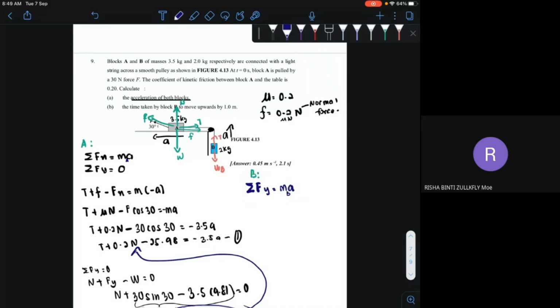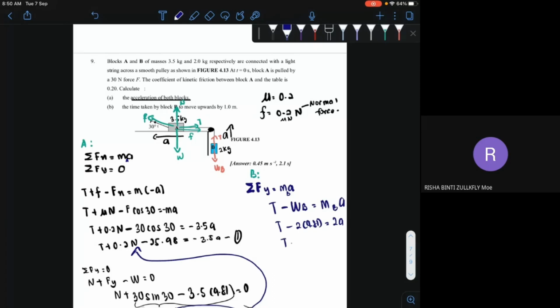Along Y component, dua sahaja forces, T minus WB sama dengan MB A. Tension is what we do not know, but it's common with the object A, minus mg, 2 darab dengan 9.81, equals 2A. A kita positif kali ni sebab naik ke atas.